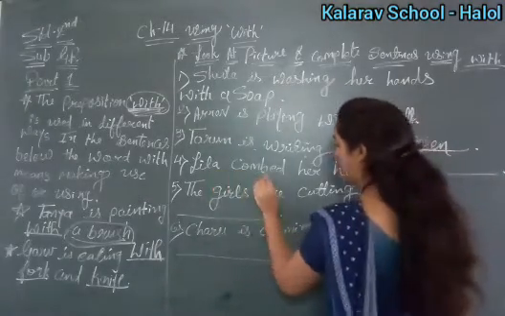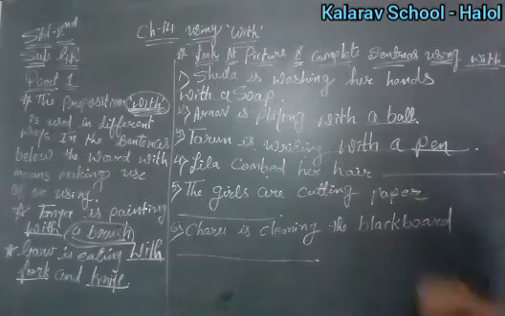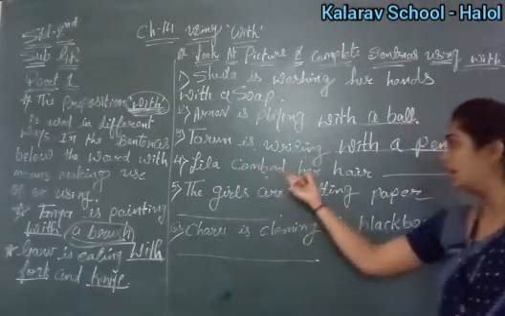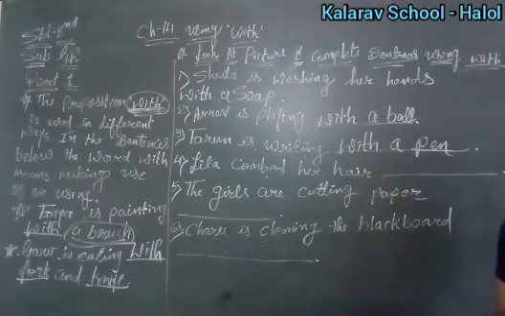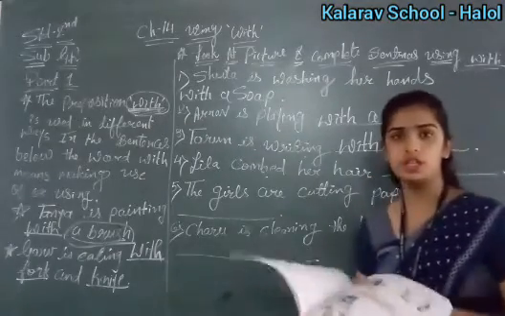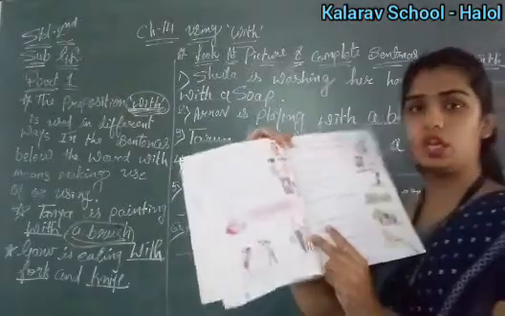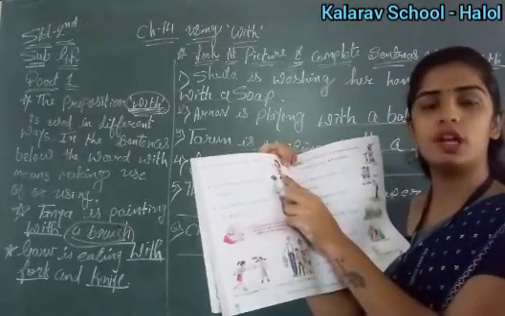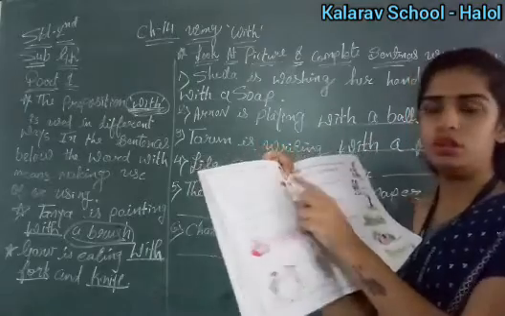Leela combed her hair dash. What is the question? Leela combed her hair dash. So what is she doing? See, in this picture, what is she doing? She is combing her hair. किससे comb कर रही है? Comb से. Yes or no? Yes.